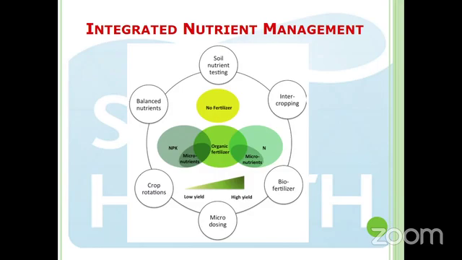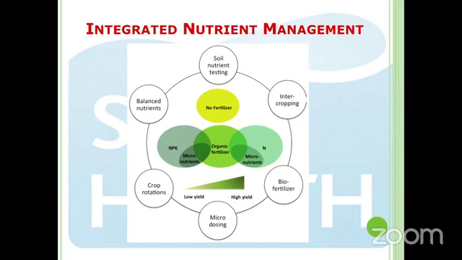Earlier, we used to apply all the required fertilizer dose at the time of sowing or planting, and there is a huge loss of nutrients from these fertilizers due to leaching and evaporation. Now with the drip system or micro irrigation, we can use micro dosing, that is, the required nutrients can be supplied in split doses to avoid their leaching or their loss in the environment or in the water.